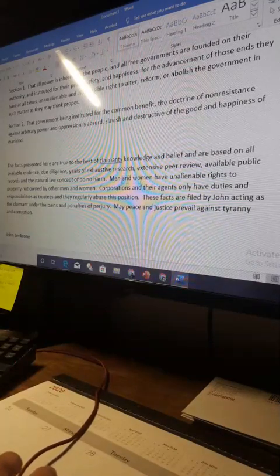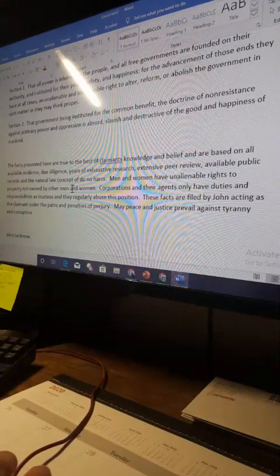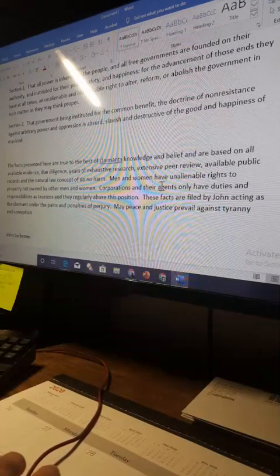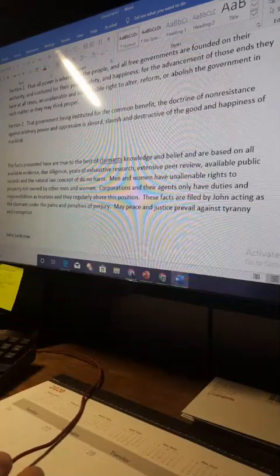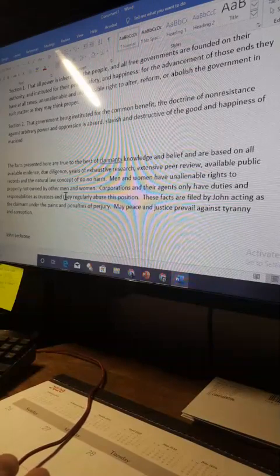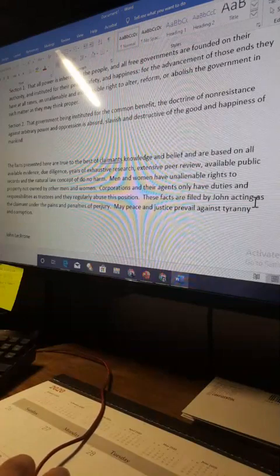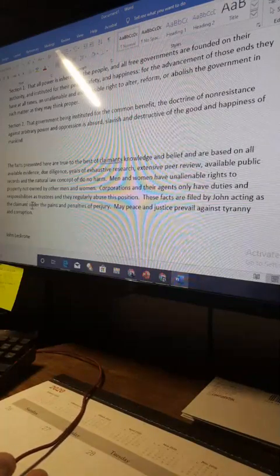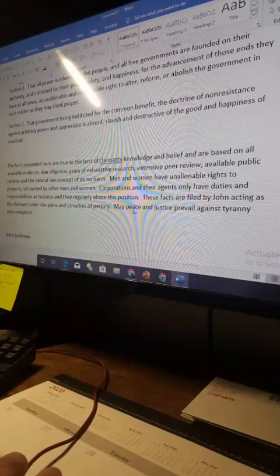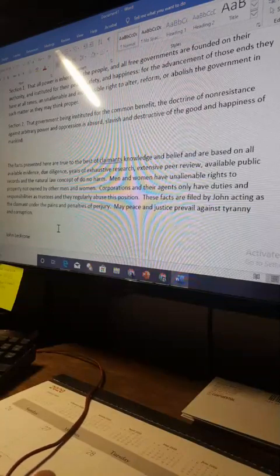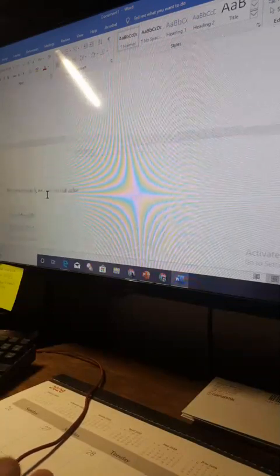Men and women have unalienable rights to property not owned by other men and women. Corporations and their agents only have duties and responsibilities as trustees, and they regularly abuse this position. These facts are filed by John, acting as the claimant under the pains and penalties of perjury. May peace and justice prevail against tyranny and corruption.